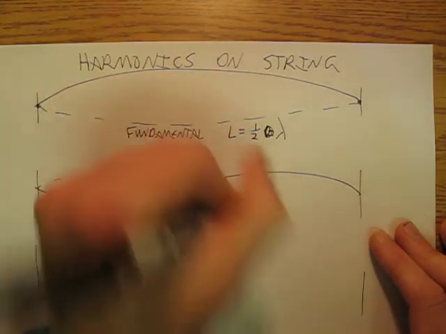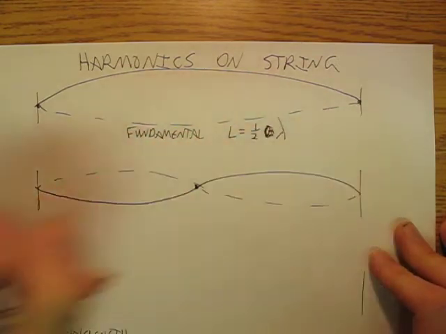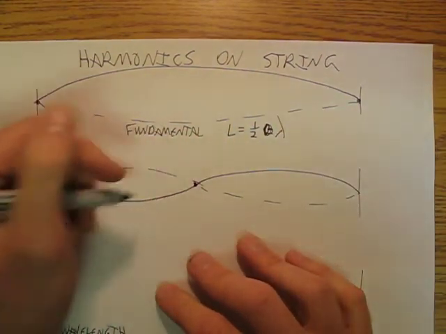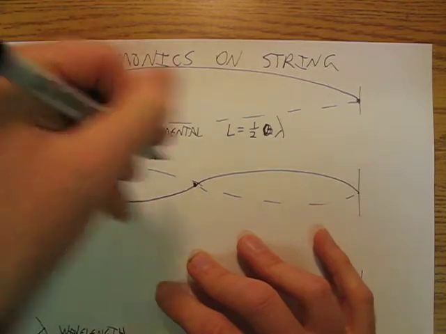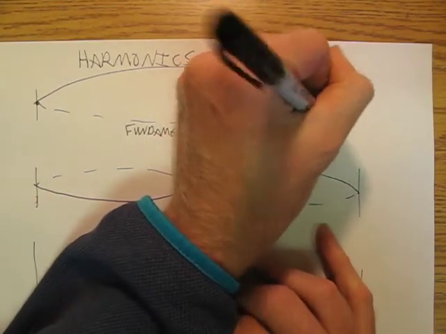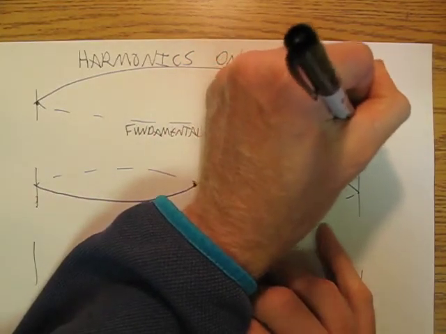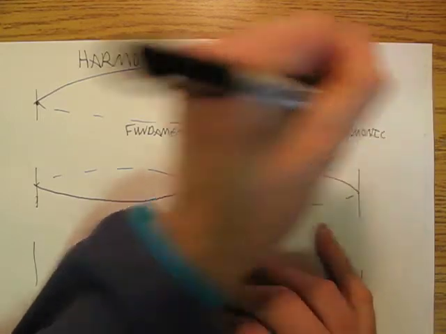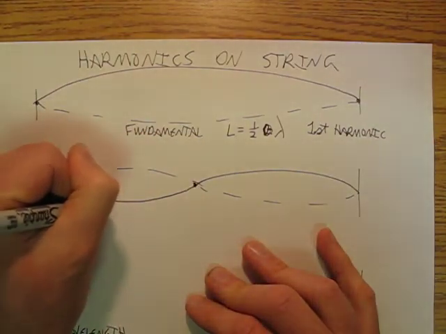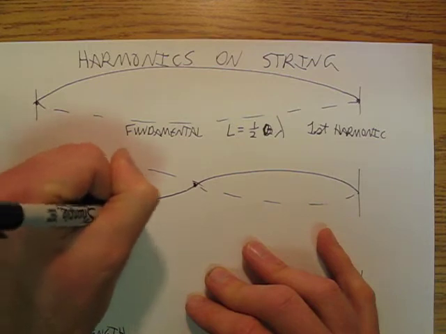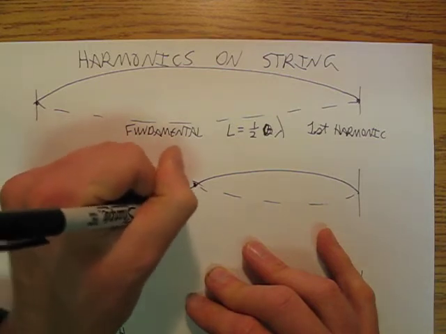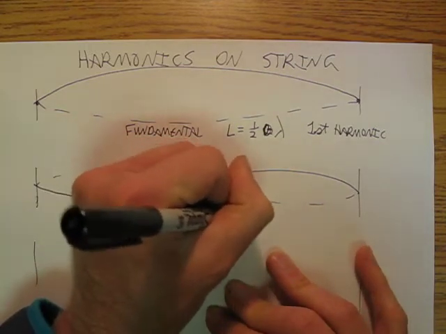So I'm going to say, let's see, that's going to be first harmonic. So then I got first overtone, which is my second harmonic.